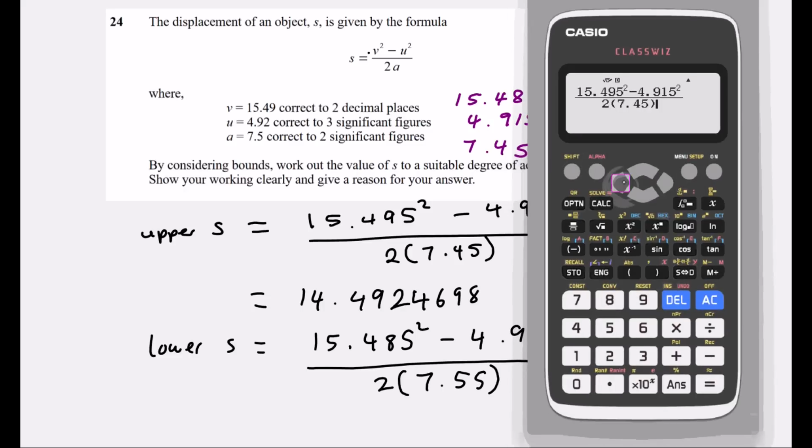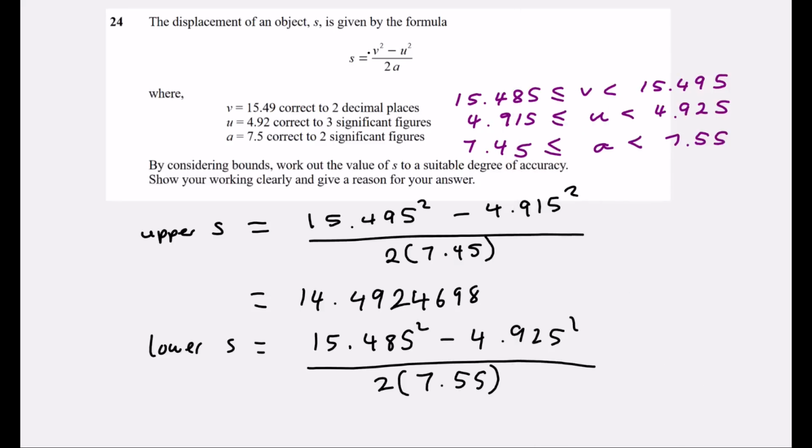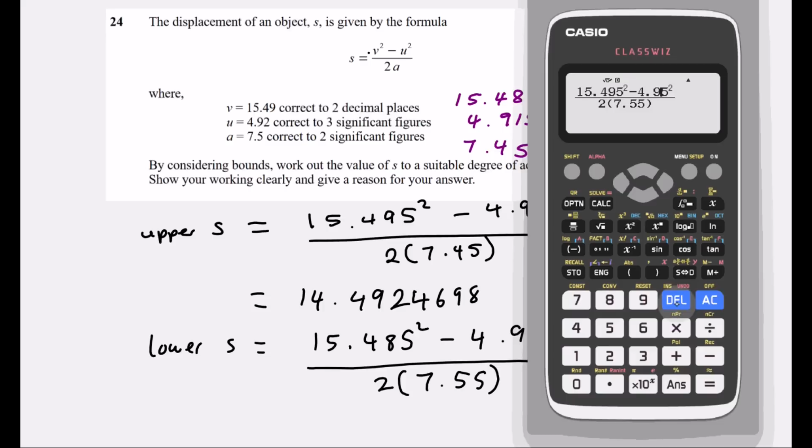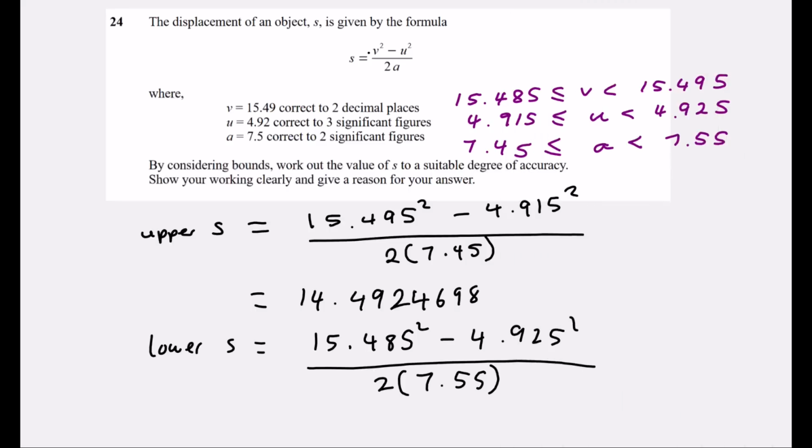So go into the calculator, change the values, 7.55, this one is 4.925, and we've got 15.485. So we get 14.2734 and so on.